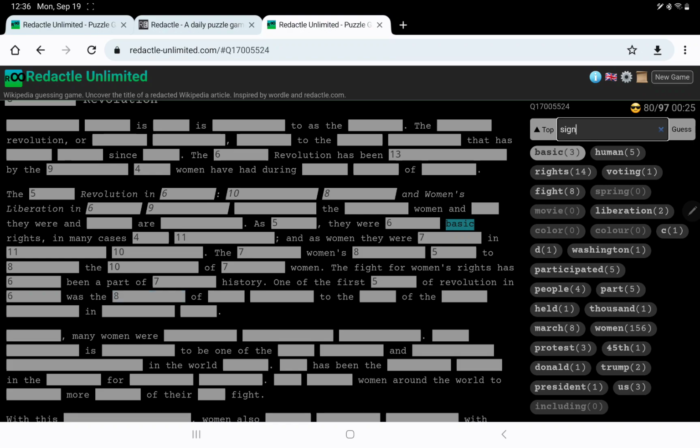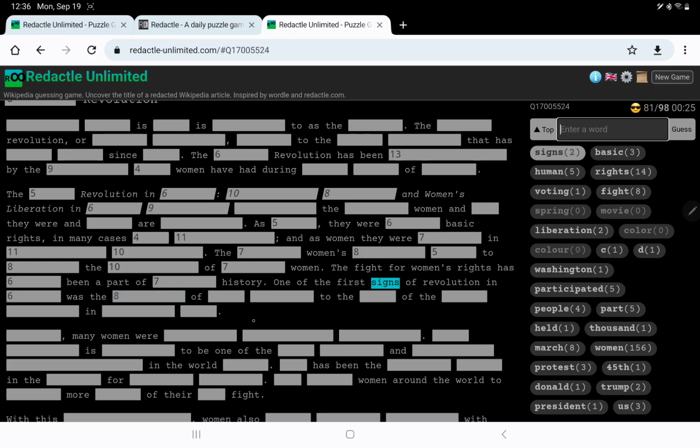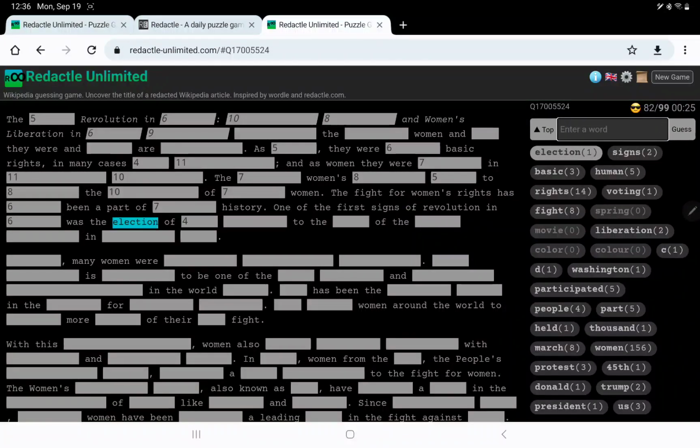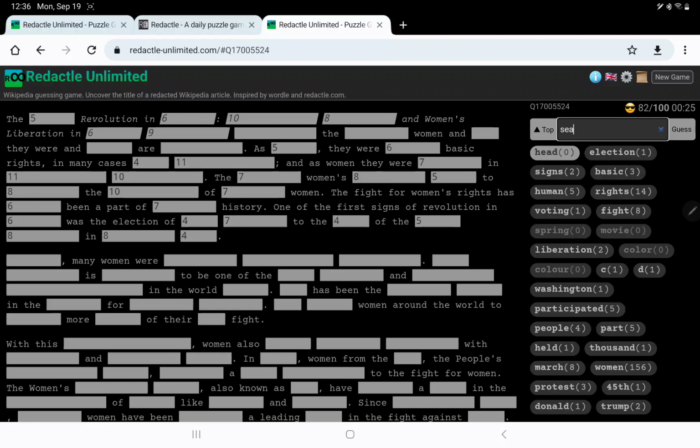One of the first signs of revolution in 6 was the election of 4-7 to the 4 of the 5-8 to the head of the, no, to the seat.